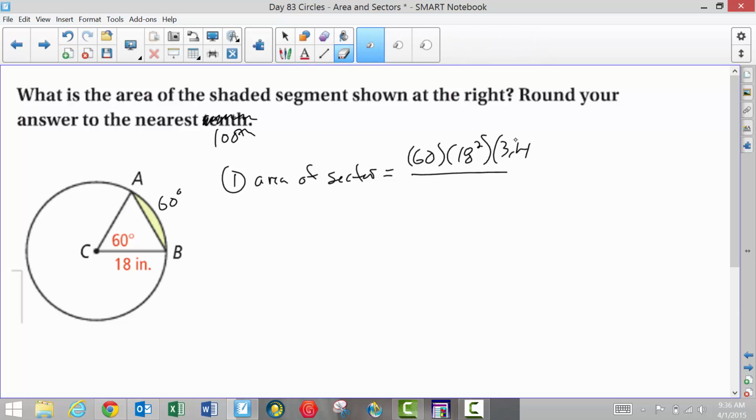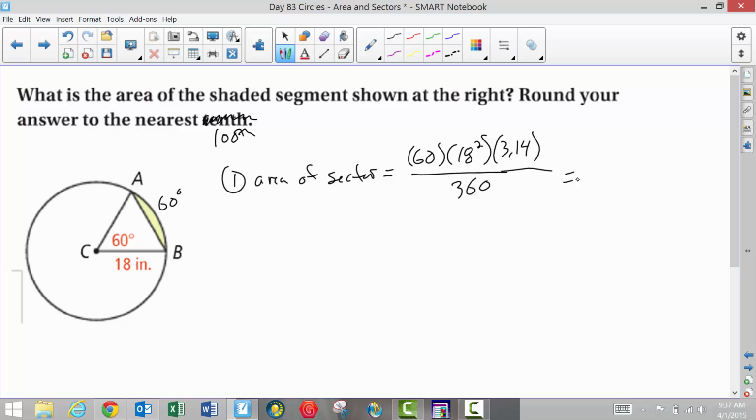Now you might be saying, well, in the previous examples in the beginning of this lesson, you didn't use 3.14 for area of a sector. That's correct, I didn't. But since I'm finding a segment, I am using 3.14, and I'm also telling you to round to the nearest hundredth. Divide by 360.